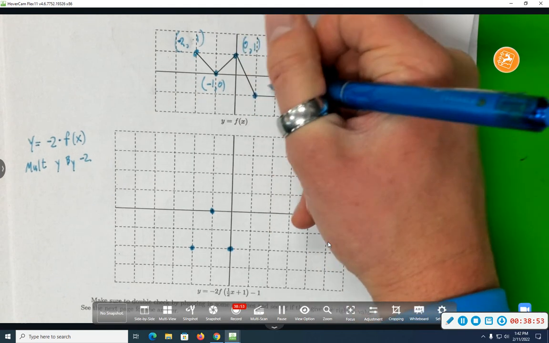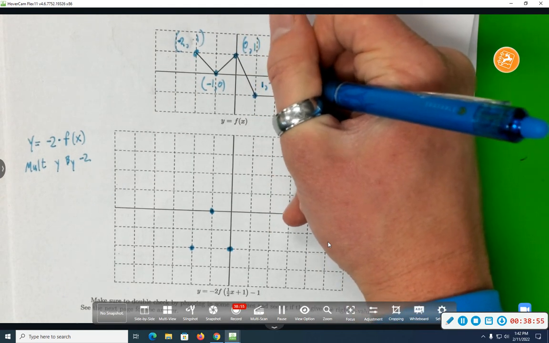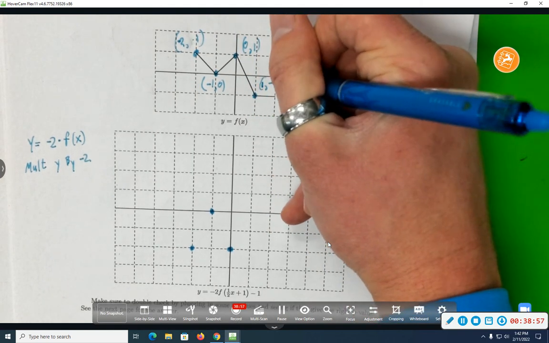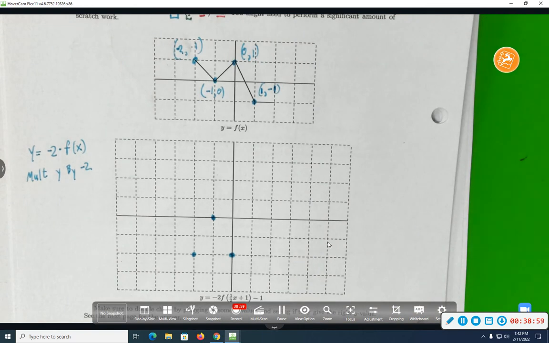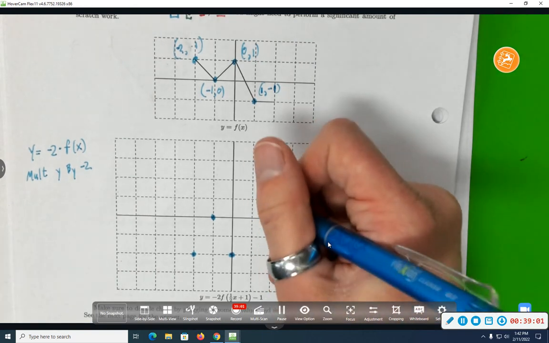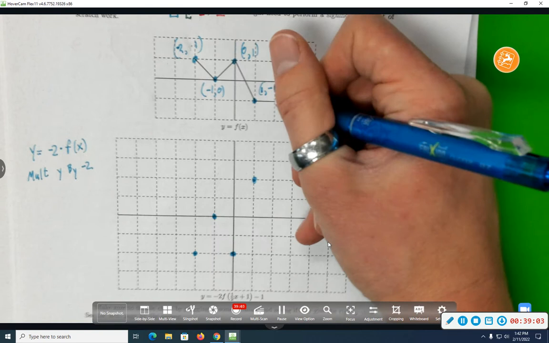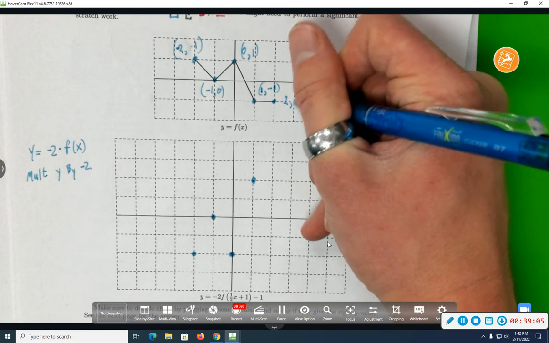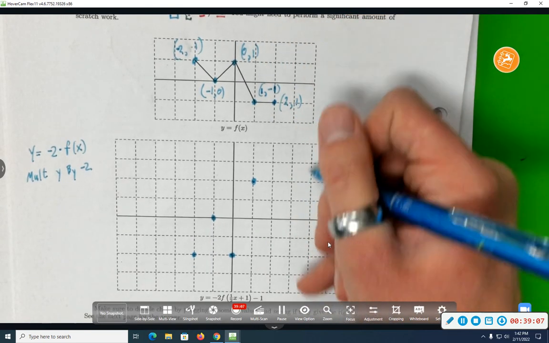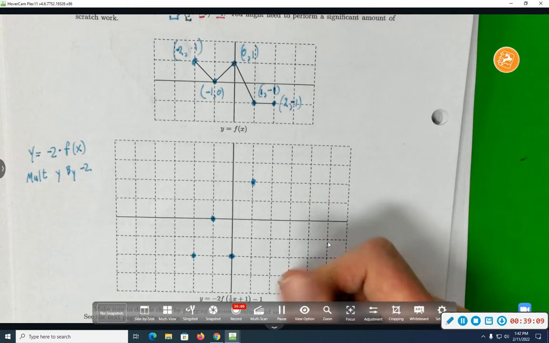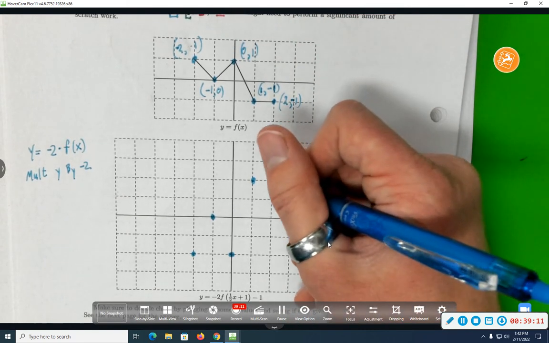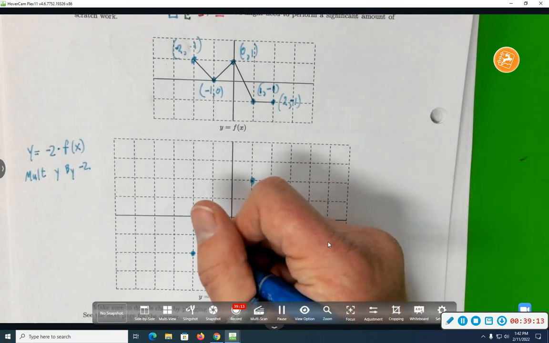This next point is at 1, -1. So that will go to the point 1, 2. This point at 2, -1 will become 2, 2. It'll look nice and linear between.